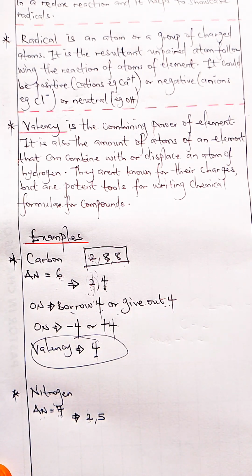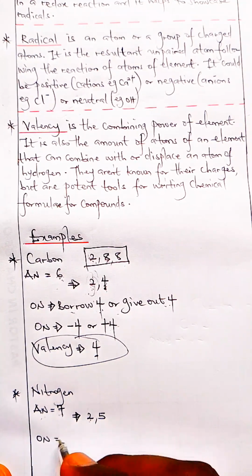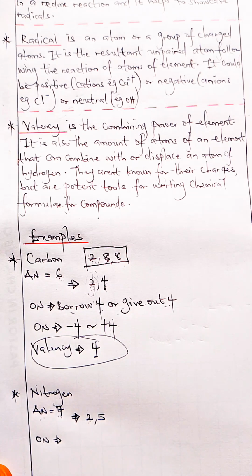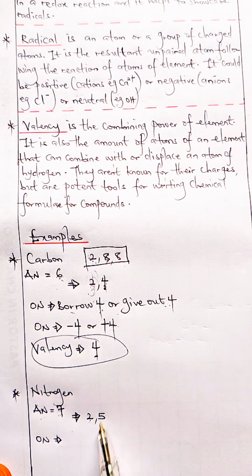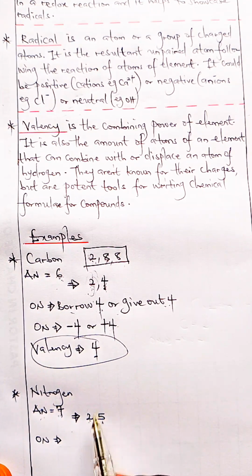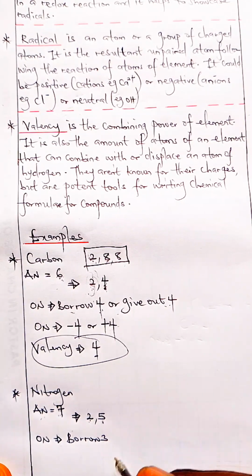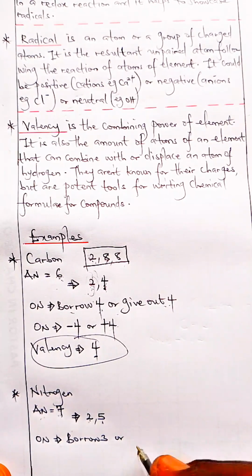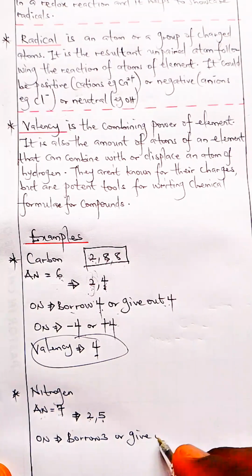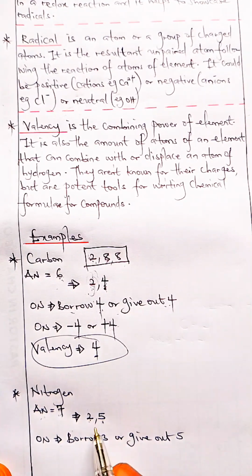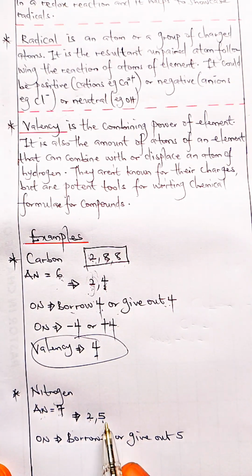So when you talk about oxidation number for this nitrogen, all these are hypothetical. Don't forget, that's why we call them oxidation numbers. Nitrogen has to borrow 3 to make up those 5 electrons, because it's not up to 8, or it has to give out the 5 electrons in the second shell to make it balanced.